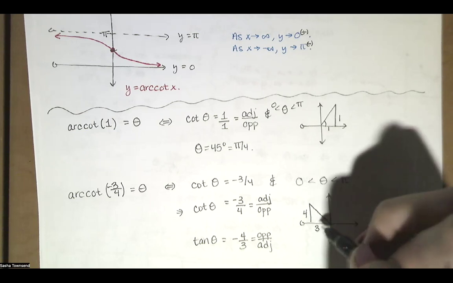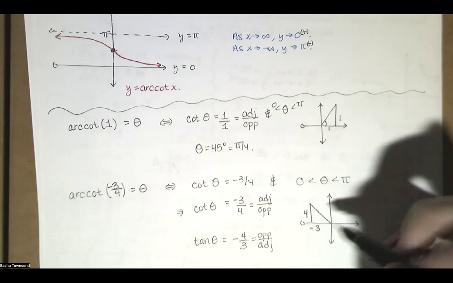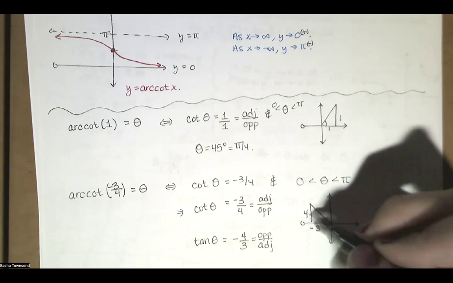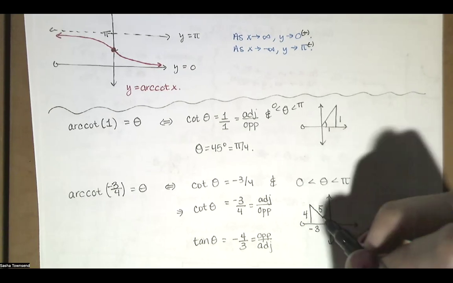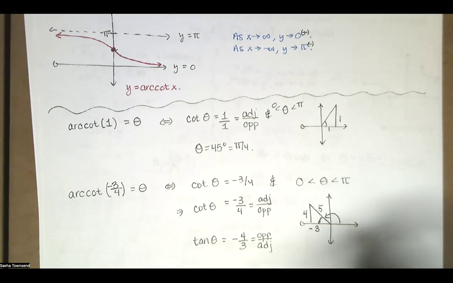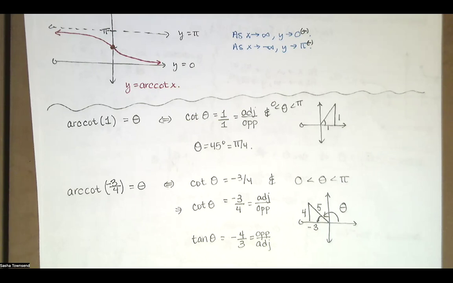And since we are in quadrant 2, my x value is negative and my y value is positive. We know 3 squared plus 4 squared is 5 squared, 9 plus 16 is 25. So the hypotenuse is 5. And we want to know not what this angle is, that's our reference angle. We want to know what that angle is. So we're trying to find that value of theta.